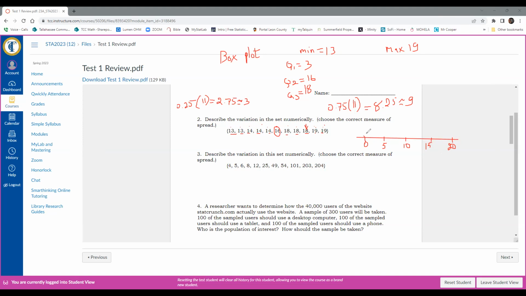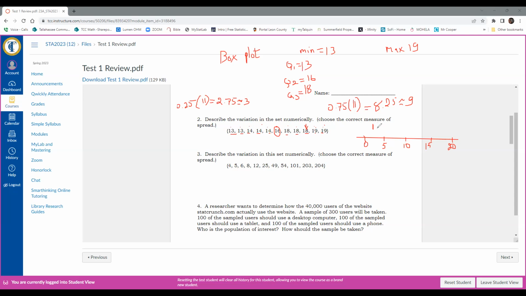So let's see what we have. The first value is 3, somewhere on here, right? Closer to 5. The next number will be not 3, I mean, that's 13 right here.